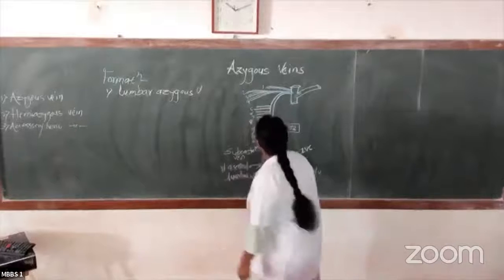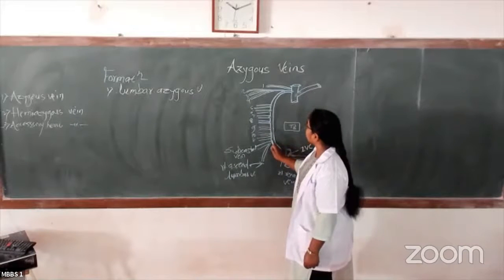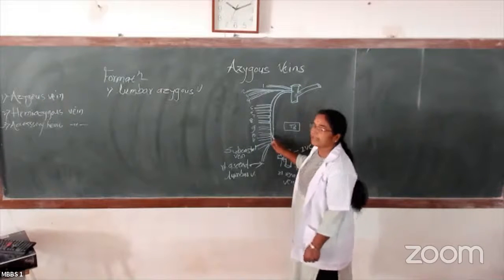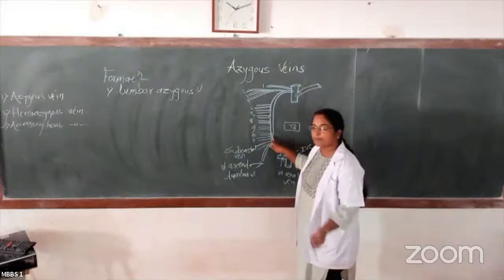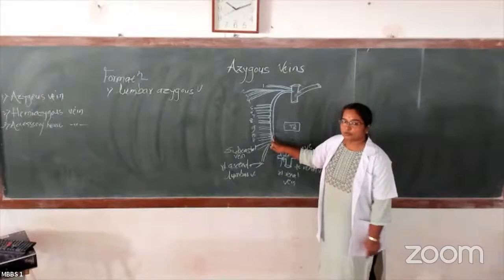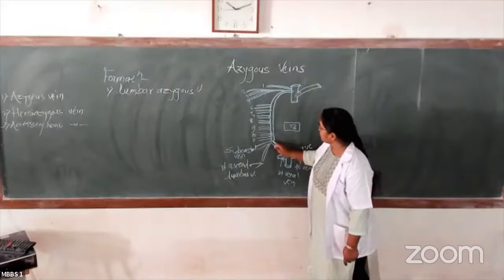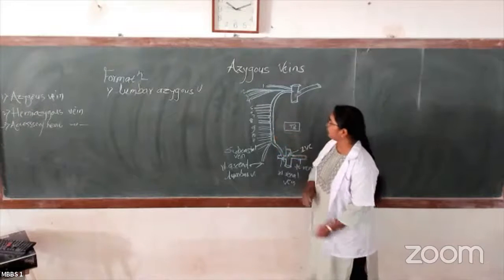So after formation, it ascends in front of the lumbar vertebrae and then by piercing the right crus of the diaphragm or passing deep to it, or it may enter the thorax through the aortic opening, then it ascends upwards.